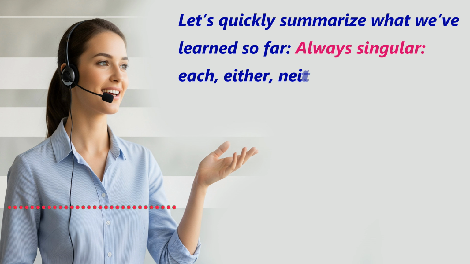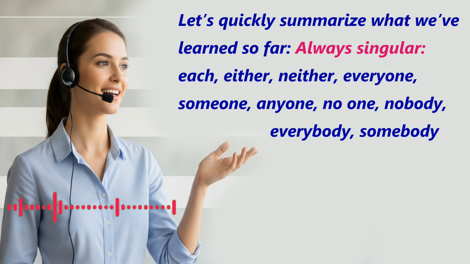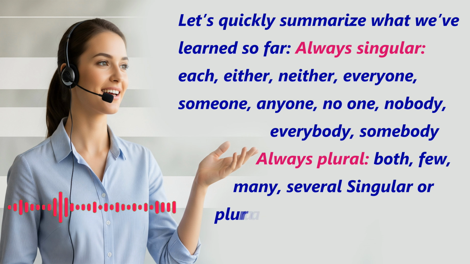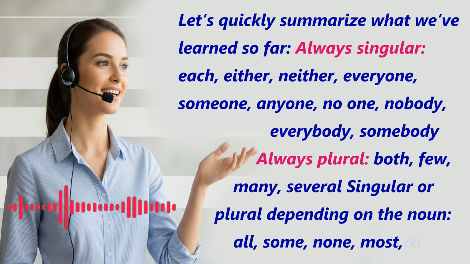Always singular: each, either, neither, everyone, someone, anyone, no one, nobody, everybody, somebody. Always plural: both, few, many, several. Singular or plural depending on the noun: all, some, none, most, any.